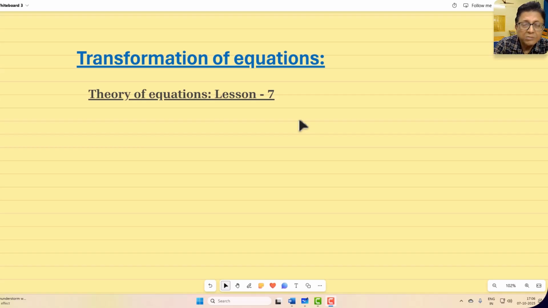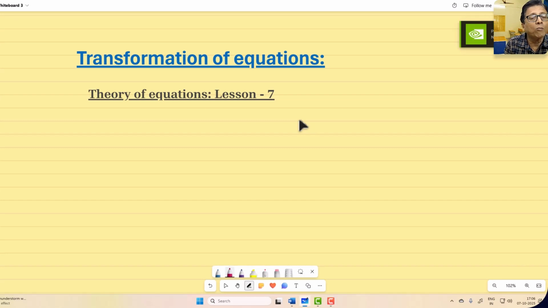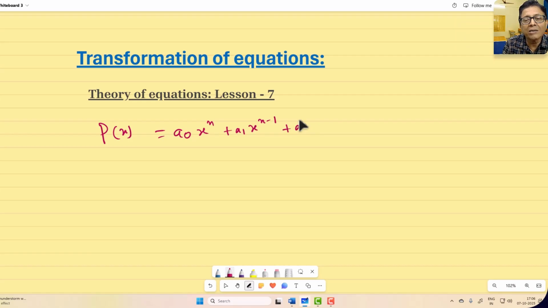Just let me tell you one thing. Suppose a polynomial equation is given in the form p(x) equal to a0 x to the power n plus a1 x to the power n minus 1 plus a2 x to the power n minus 2, this way up to an, equal to 0.